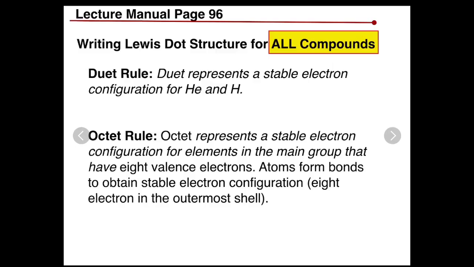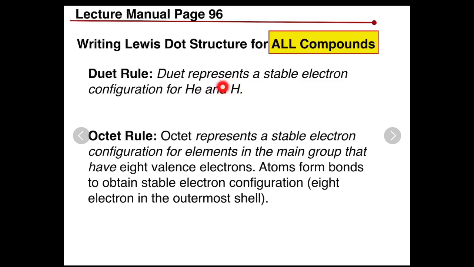Okay, so the two rules that we are going to use, one is the duet rule. The duet rule represents only two elements: one is helium, the other is hydrogen. Helium is one of the noble gases that is stable, and it has only 2 electrons maximum. Therefore, the other atom that is close to having the same number of valence electrons as helium would be hydrogen.